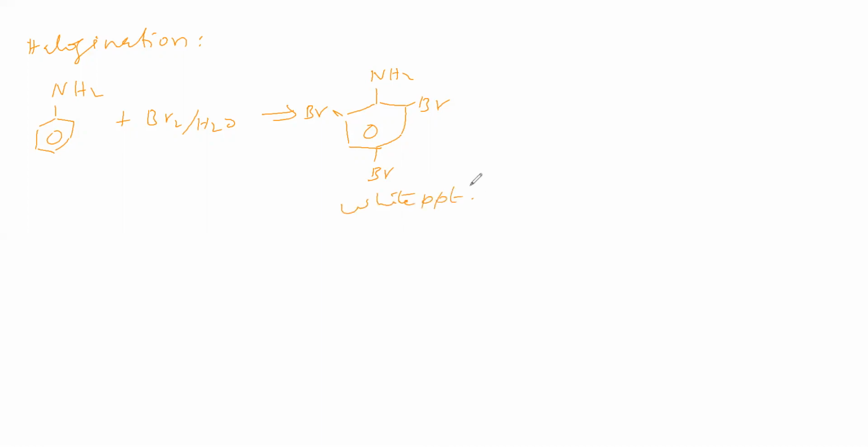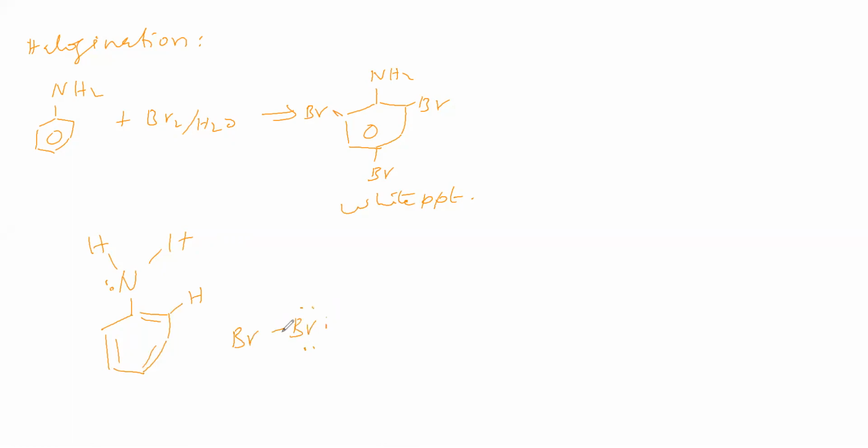What is the mechanism involved here? That we will see. Now bromine water is present here. We are taking aniline. Nitrogen has one lone pair. On this phenyl ring, bonds will be drawn like this. Here hydrogen is there. This bromine comes for attack.